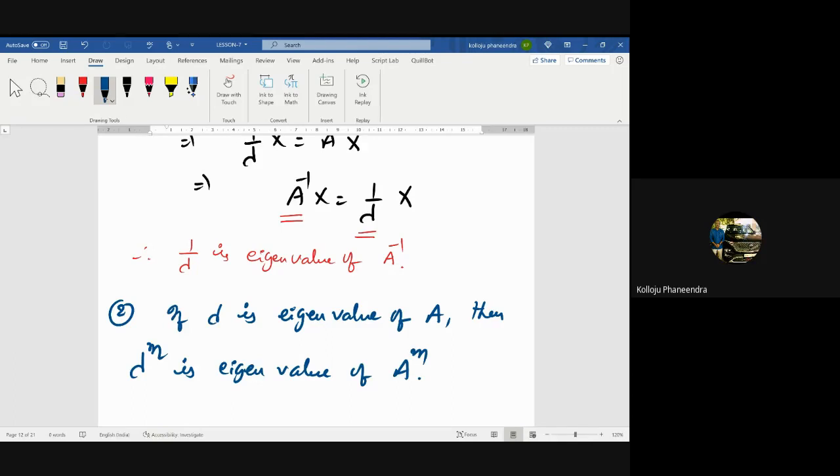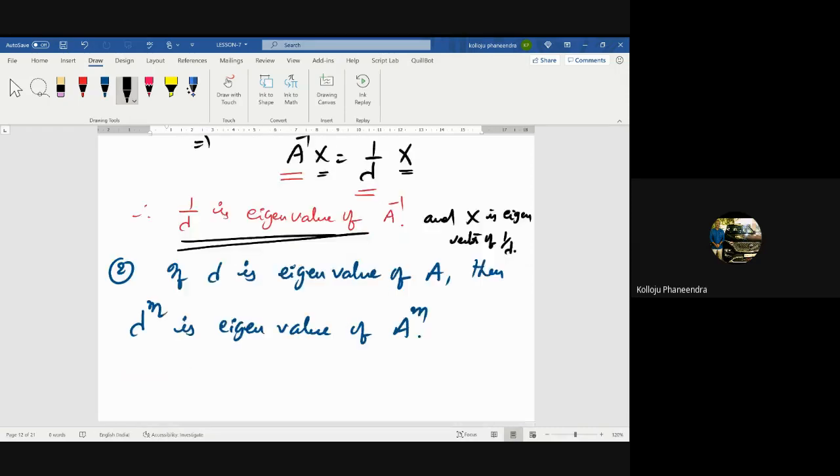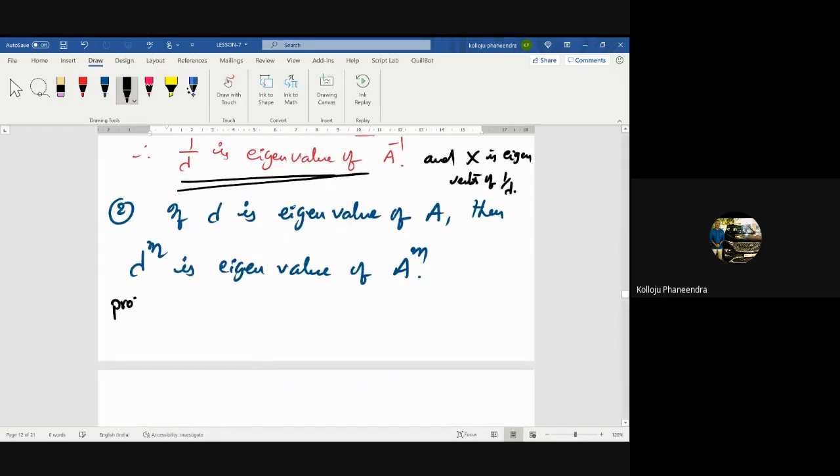And one more important point here: 1 by lambda is an eigenvalue of A inverse. Is there any change in x? There is no change in x. X is the eigenvector of 1 by lambda, and that x is also the eigenvector for lambda.